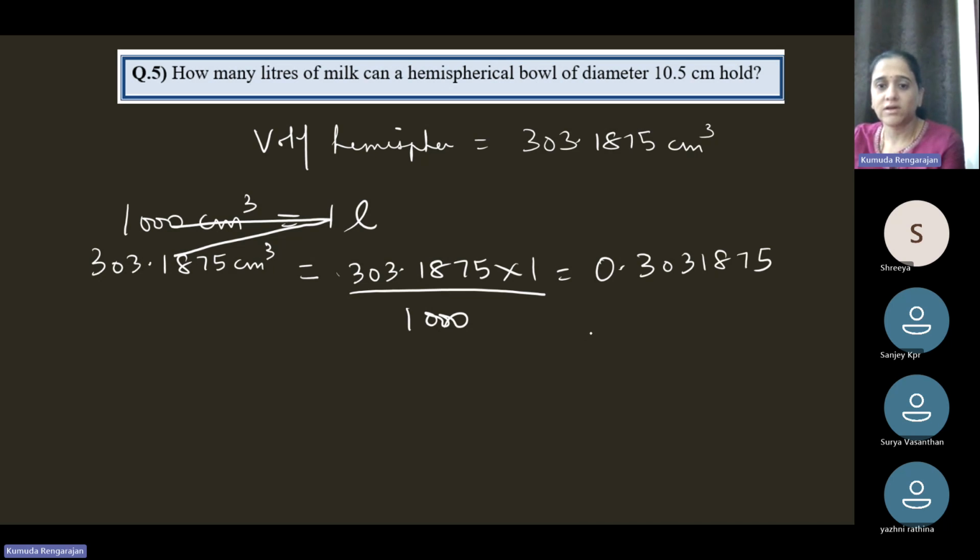When it is in liters, you can just have 3 digits after the decimal point. So 0.303 liters, which means it is 303 milliliters. That's why we should have 3 digits after the decimal point. That's it.